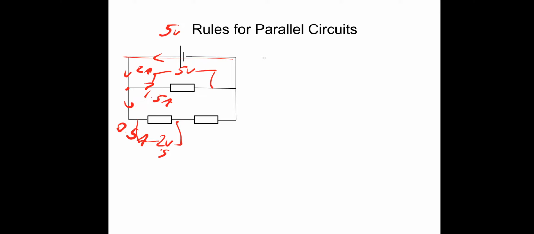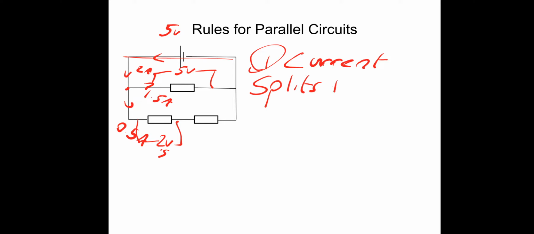So the rules, the first one, we could say current splits and joins at junctions. If you sat there thinking, I know all this, then just fast forward to the questions, that's fine.